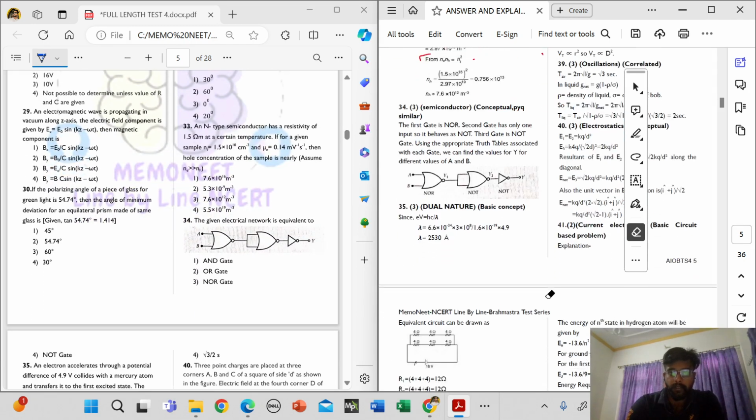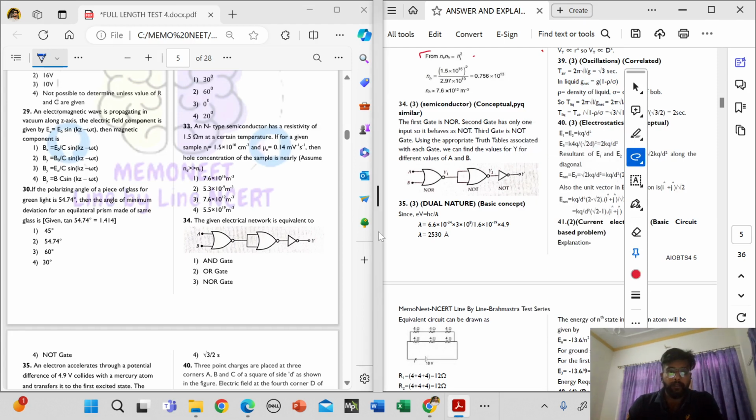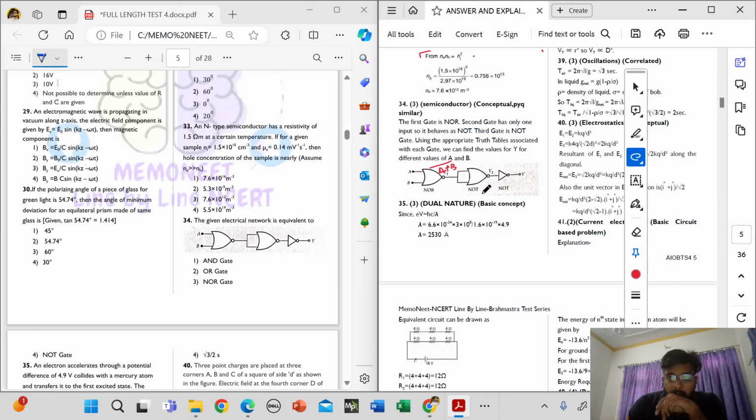34th question. There is a question from logic gates. We want to know which gate is produced at the output. See, this is A, B input to the NOR gate, so this output will be A plus B whole bar. And this goes into both inputs of the next NOR gate, but having two same inputs, it acts as a NOT gate.